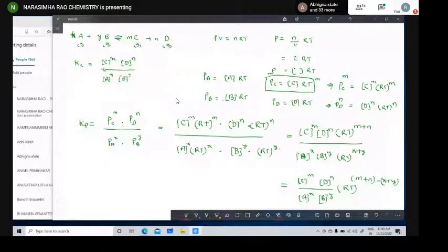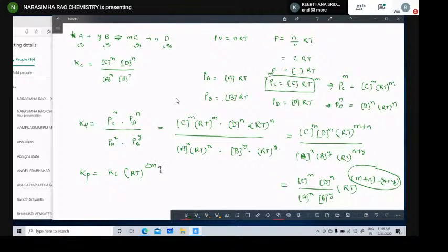It is clear, children. Now this total part is taken as Kc. Kc is equal to C power m into D power n upon A power x and B power y. So Kp is equal to Kc into RT whole power delta n.